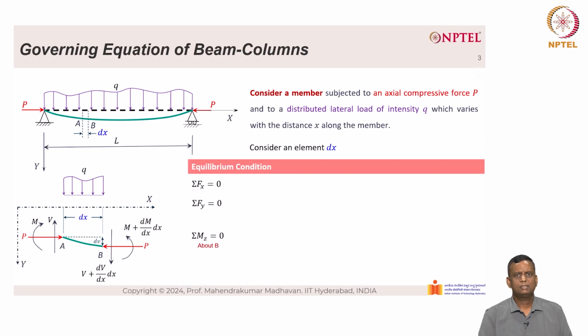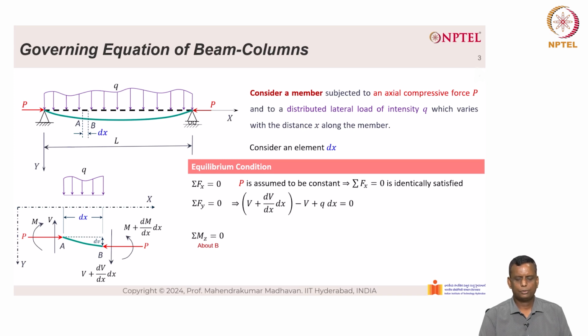Now let's consider the equilibrium equations. The three equilibrium equations are sigma Fx equal to 0, sigma Fy equal to 0, and sigma moment equal to 0, which is taken about point B. In sigma Fx equal to 0, P is assumed to be constant, so sigma Fx equal to 0 is identically satisfied. For sigma Fy equal to 0, V plus dV/dx into dx minus V plus q into dx equal to 0.